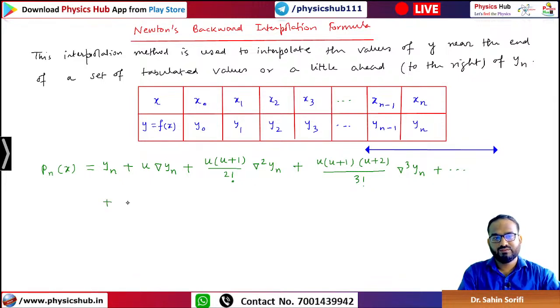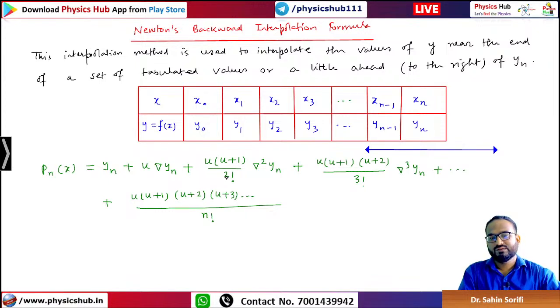Let us write the nth term: u into u plus 1, u plus 2, u plus 3, it will go on, and in the denominator we have n factorial. This value is 1 unit less than the factorial: here you see u plus 2, so 3 minus 1. So here also it will become u plus n minus 1, nabla to the power n yn.